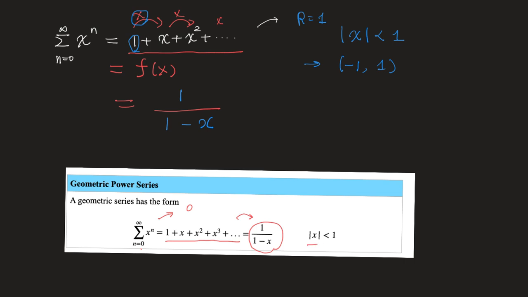For which x values? X between negative 1 and 1. We cannot represent this function as this power series if x is not between negative 1 and 1. That's very important. Only for these x values does this power series represent the rational function.